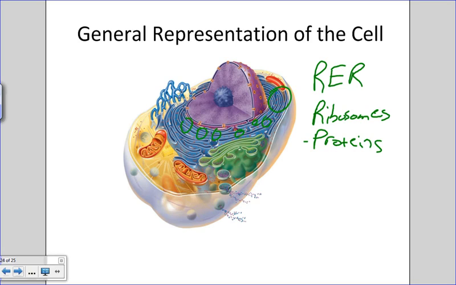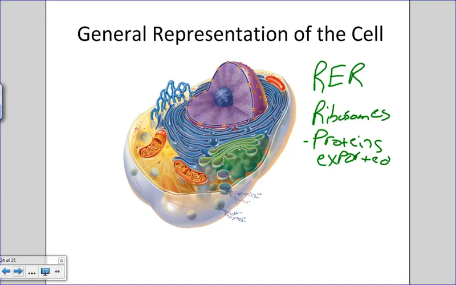More specifically, proteins that are to be exported. Typically, proteins that are synthesized in the rough endoplasmic reticulum are exported out of the cell. Now if we want to look at the design of the endoplasmic reticulum, what you're looking at here is an extension of the nuclear envelope. The rough ER is essentially an outpouching or outgrowth of the nuclear envelope into the cell.